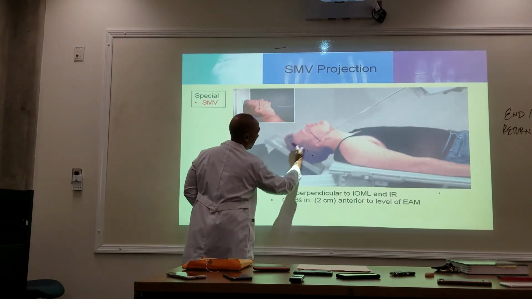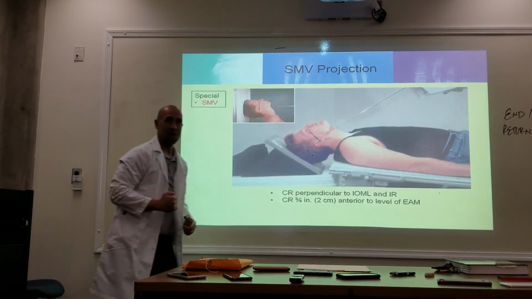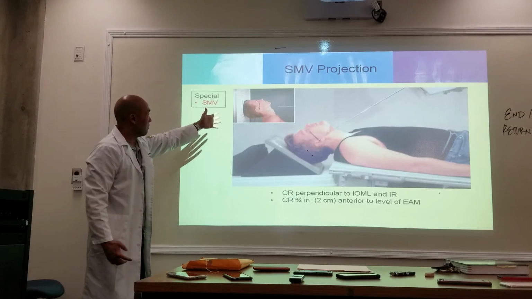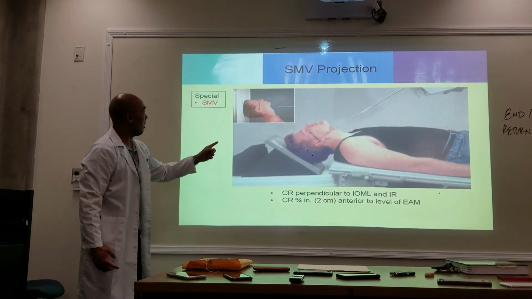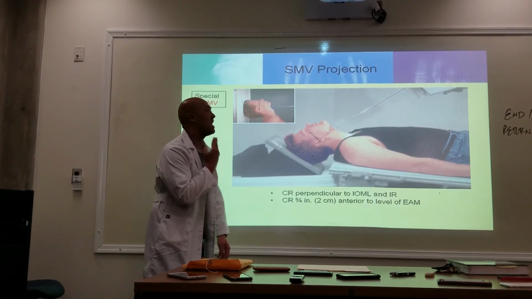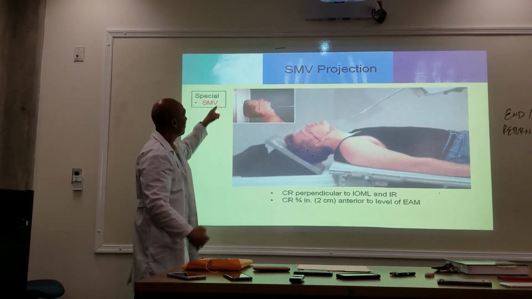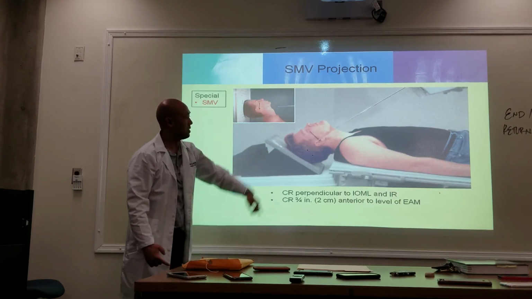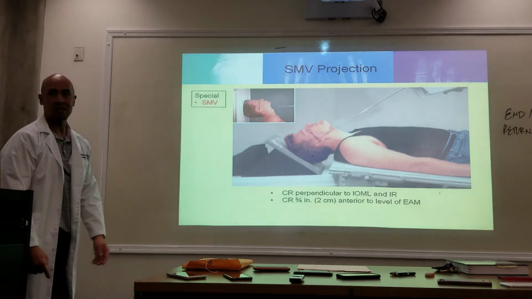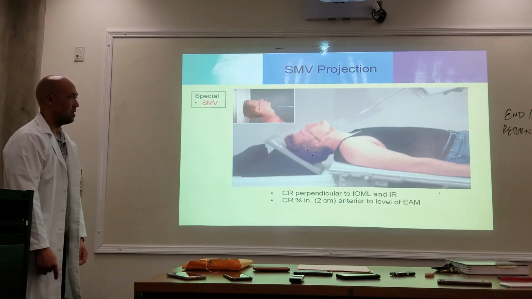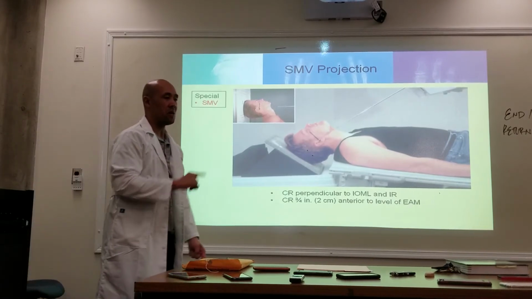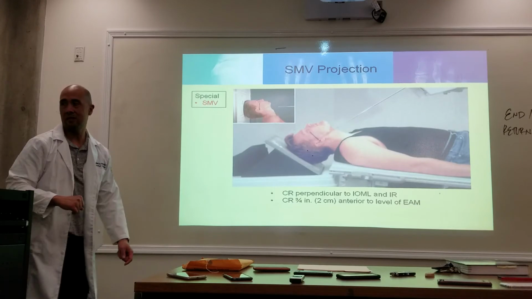So the top or vertex of their head is up against the image receptor. That's why it's called submental vertex: it enters below the chin, submental, and exits the top of your head, the vertex.